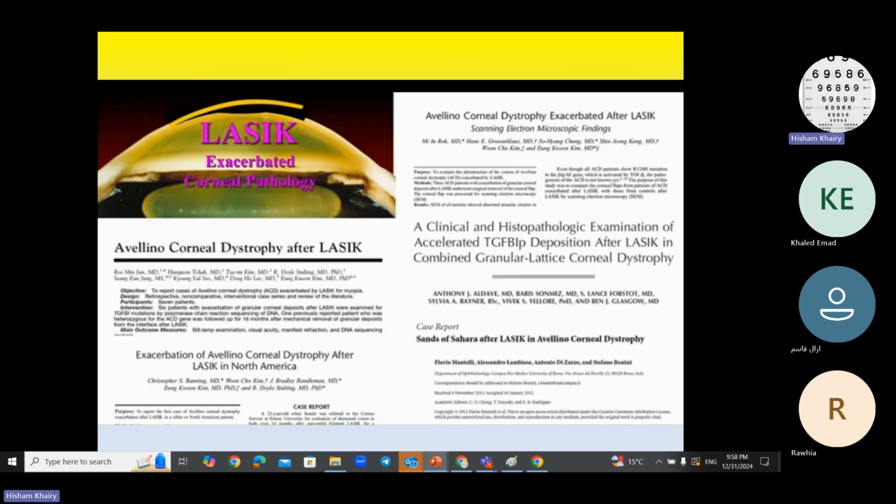And here are some reports of exacerbation of Avellino corneal dystrophy after LASIK, several reports, and corneal haze after this.